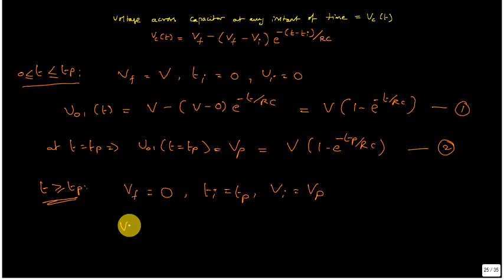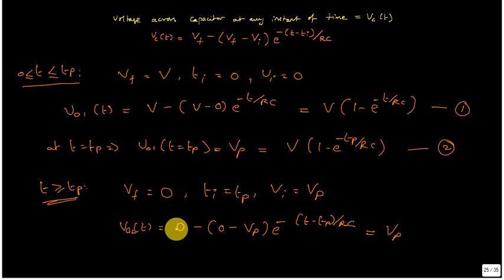So Vc of t, that means V02 of t, is equal to 0 minus (0 minus Vp) into e power minus (t minus Tp) divided by Rc. Minus into minus becomes plus, so V02 of t is Vp into e power minus (t minus Tp) by Rc. This is the third equation.